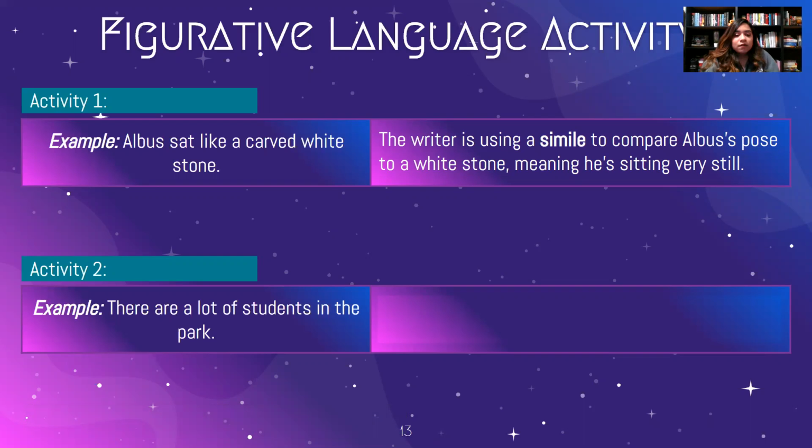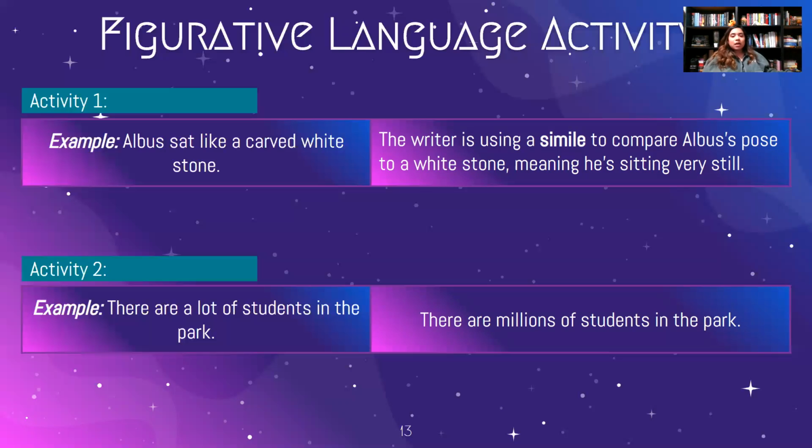So if there are a lot of students in the park, there could be millions of students in the park, or zillions or trillions of students in the park. There actually aren't trillions of students in the park, right? But it says that there are a lot, so now I'm using hyperbole to exaggerate it. So there are millions of students in the park is a figurative language sentence because I'm using hyperbole to exaggerate how many students are in the park.